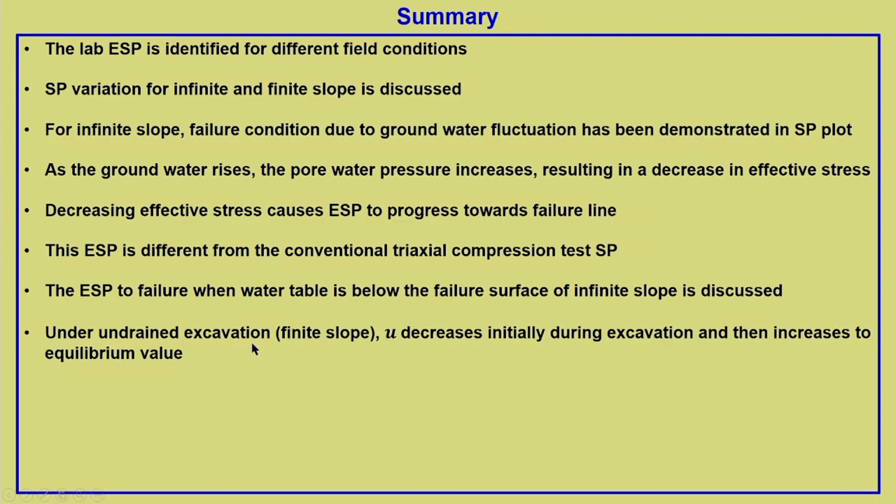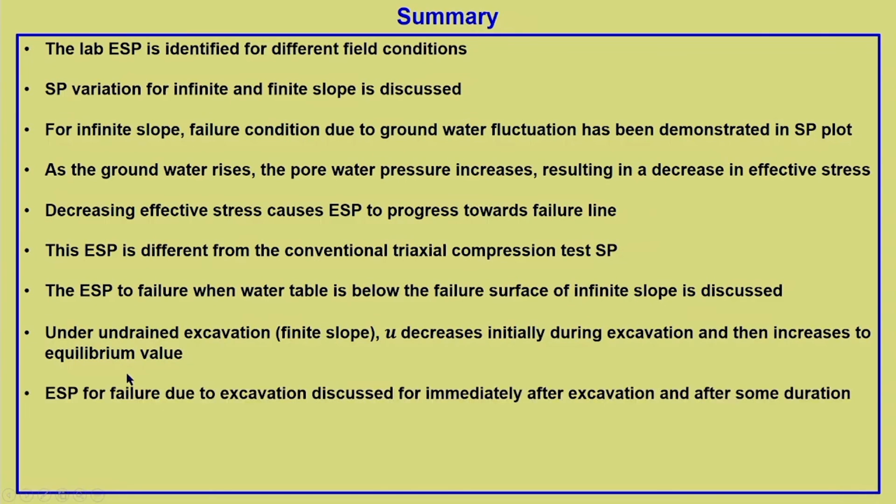Under undrained excavation, that is for a finite slope, U decreases initially during excavation because of release, and then it increases to an equilibrium value, as it gains the pore water pressure again. And the ESP for failure due to excavation is discussed, for immediately after excavation and after some duration.